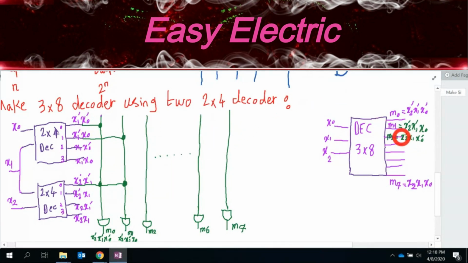You just take a look at M2. So definitely the first one should be X1, X0 prime, right? X1, X0 prime is this, right? So you actually connect this to this. What should be the next? X1, X2 prime. Find X2 prime, X1, which is this, right?